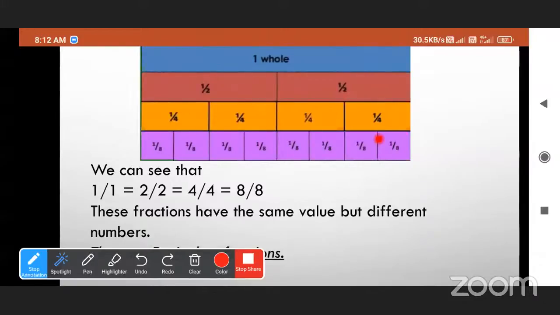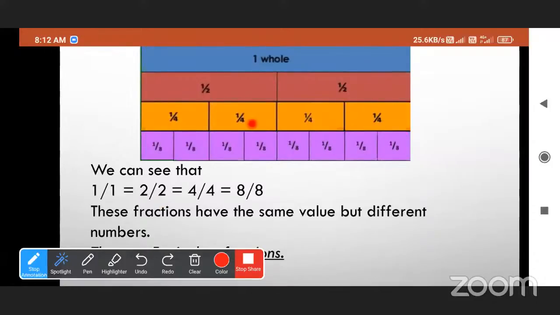Now in the last one, how many total parts? 8. Now we can see that the first one is one whole. Second, if we add both halves, what will we get? 2 by 2.